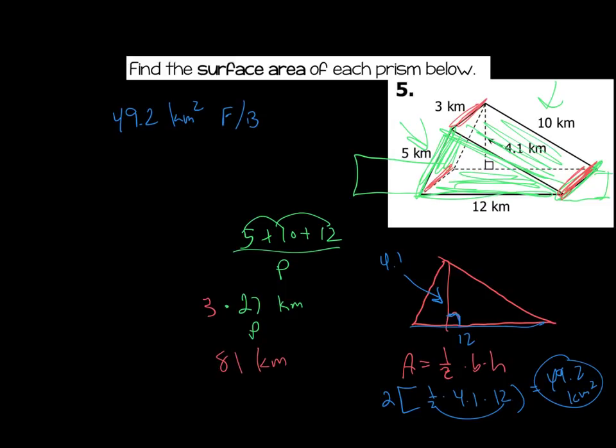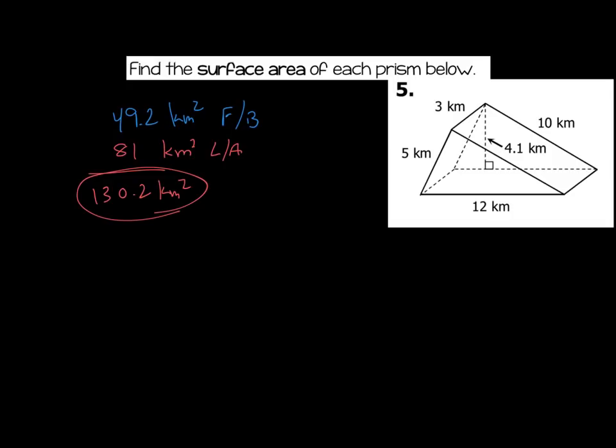So that's the lateral area, or the surface area of all the sides, 81 square kilometers. And if you add that up together, you're going to get 130.2 square kilometers altogether. And you say, hold on, I didn't understand all of that lateral area again.